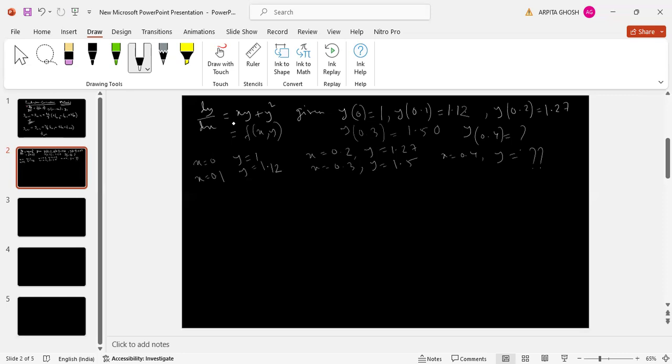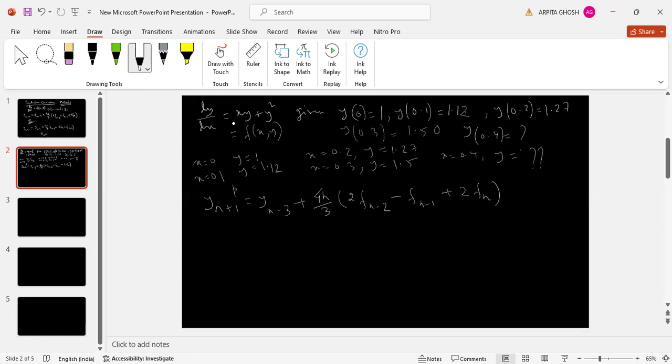Now, what do you mean by predictor formula? y(n+1) predicted, P stands for predicted, is equal to y(n-3) plus 4h/3 into 2 f(n-2) minus f(n-1) plus 2 f(n). This is called the predicted value of y.